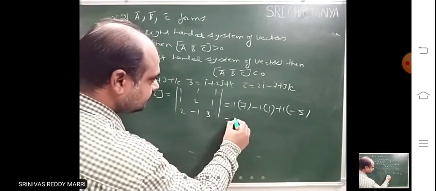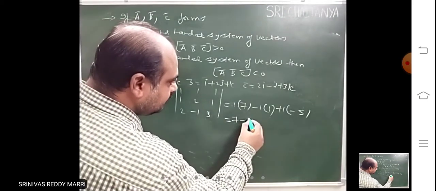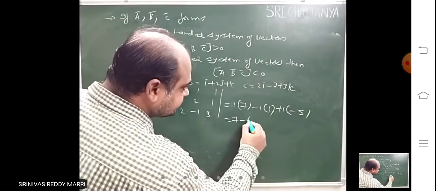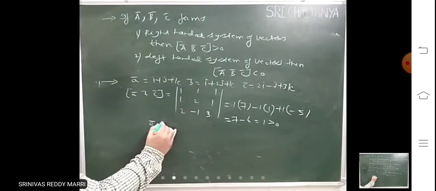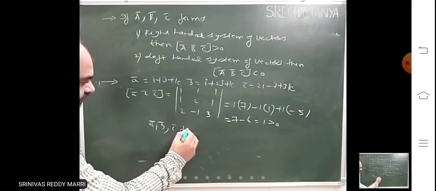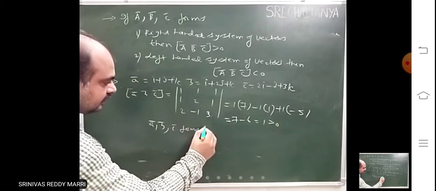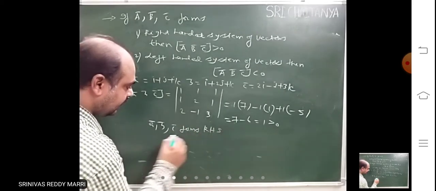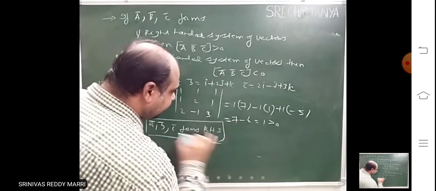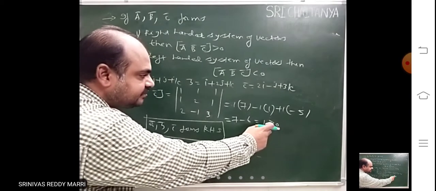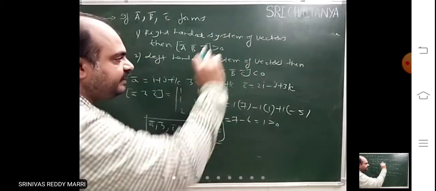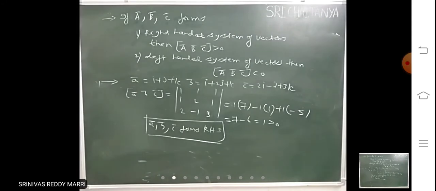So this is 7 minus 6, so 1, greater than 0. Greater than 0 means how will they be? They form a right-handed system, RHS. Positive means right-handed system of vectors. Negative means left-handed system of vectors.